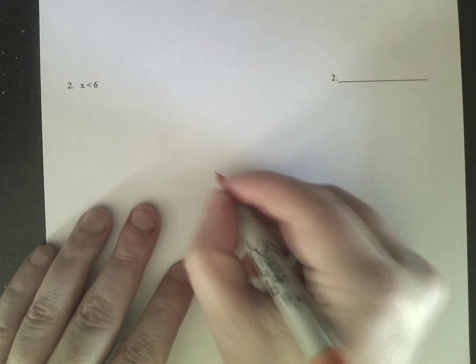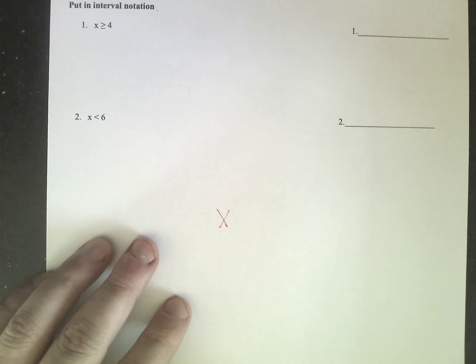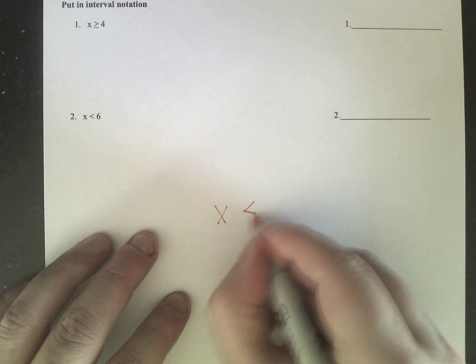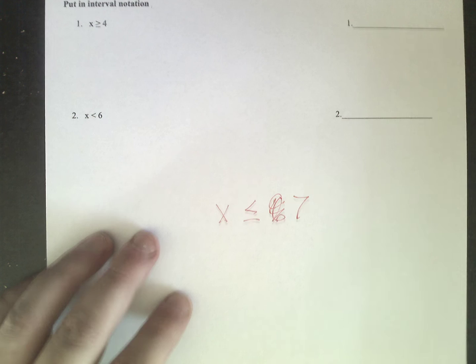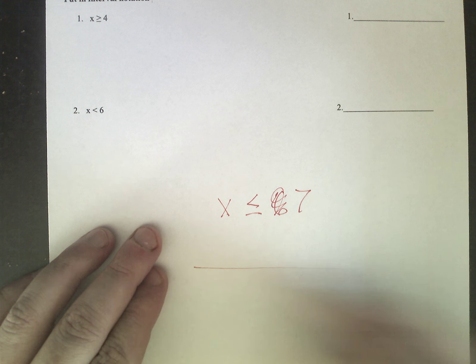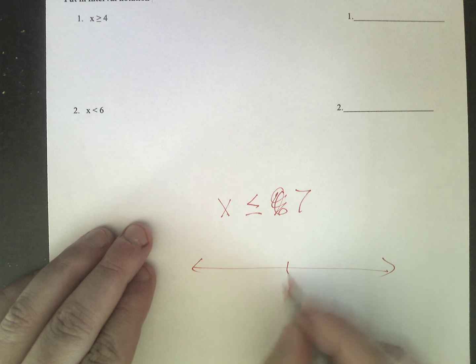I'll say x is less than or equal to 7. Now let's make a number we're not using, 7. If you want, you can draw a number line and put 7 in the middle.